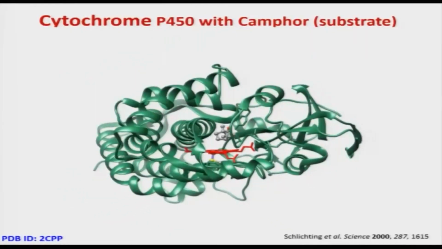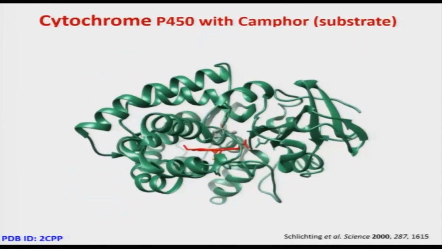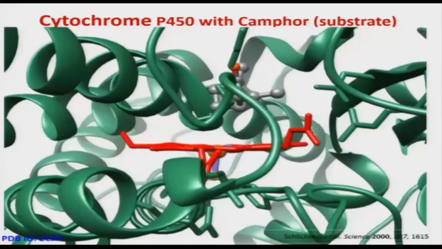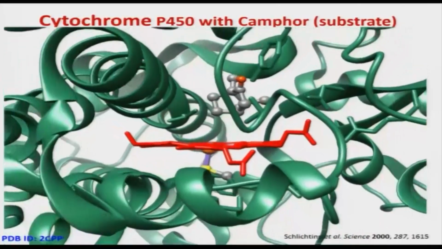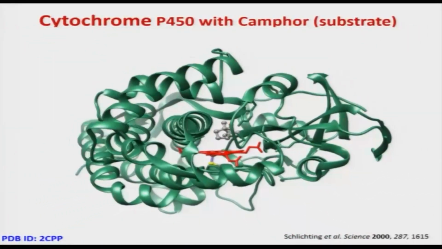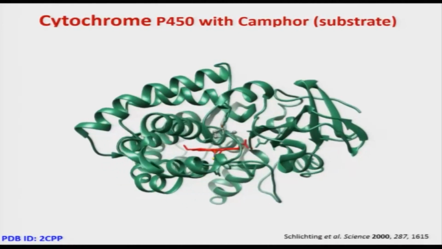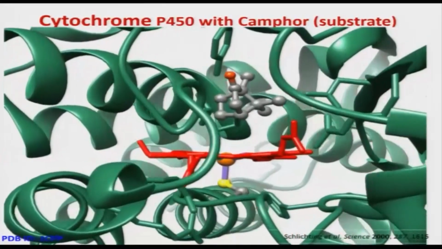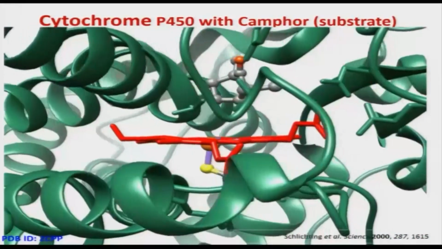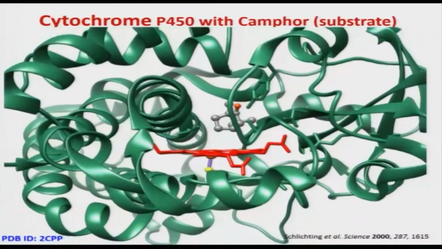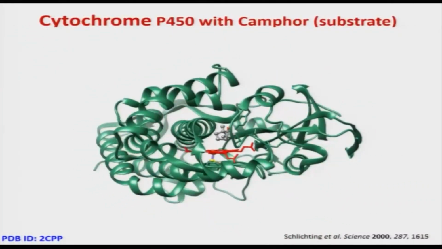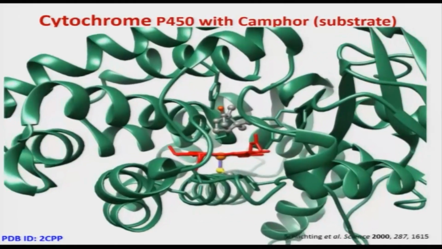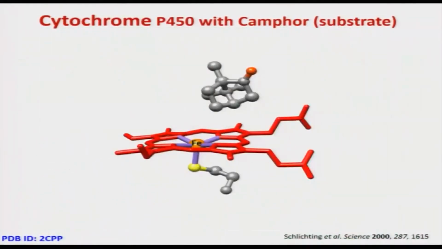Now, you see that this molecule is crystallized with camphor, which is the substrate, and camphor sits just on top of this iron center, very close to it, and there is no water molecule which was earlier present. So, this camphor replaces this water and takes a particular position, so that it can be hydroxylated at a particular position, and this is what is happening here.